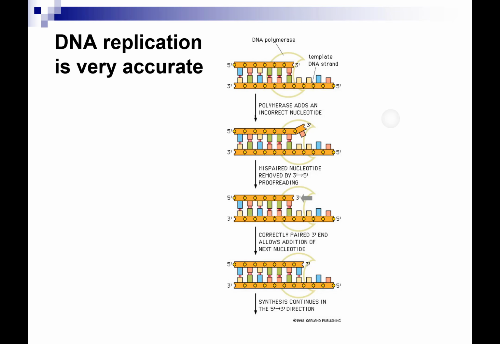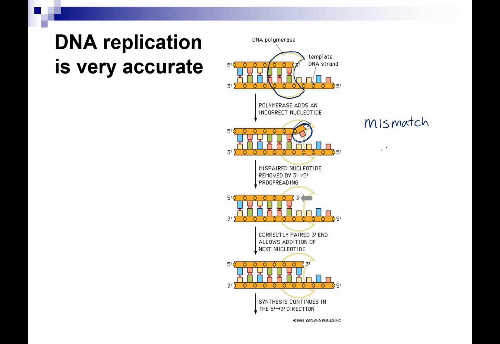So you can barely see this little Pac-Man. That's your DNA polymerase. And every once in a while, the wrong nucleotide will be incorporated into the daughter strand. And what happens is that the DNA polymerase can sense this. So it's called a mismatch.